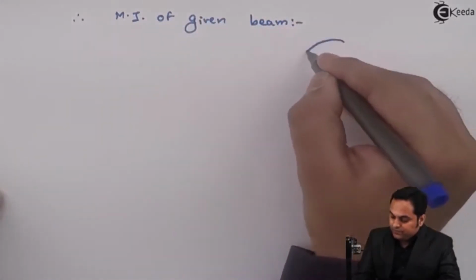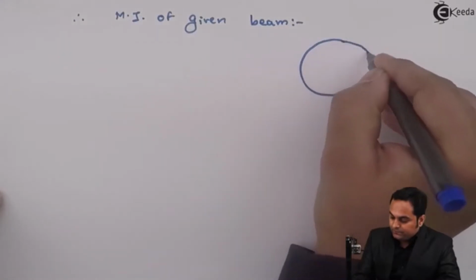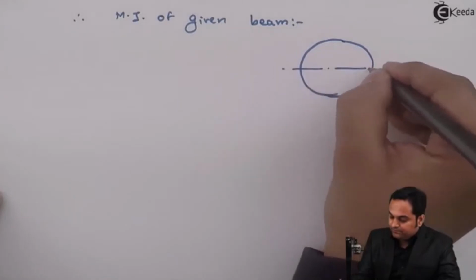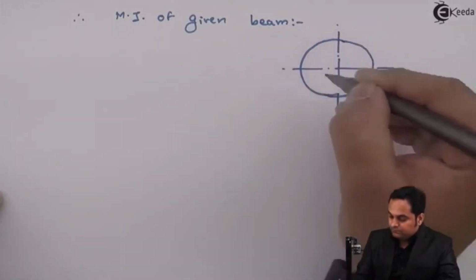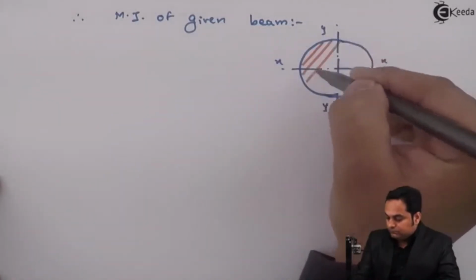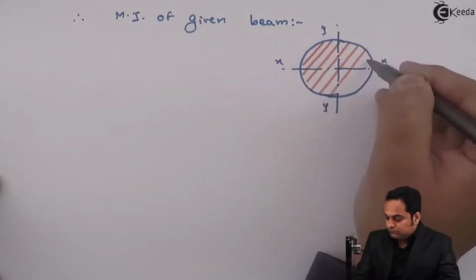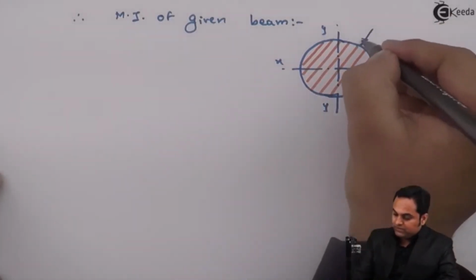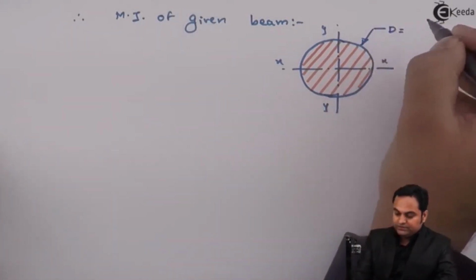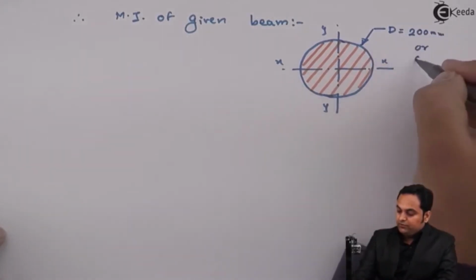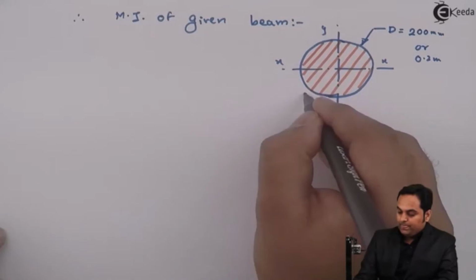Since the given beam is circular in cross section, its diameter is given, that is d equal to 200 mm or 0.2 meter.